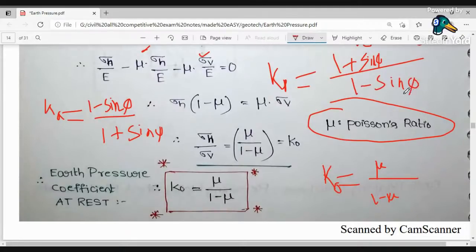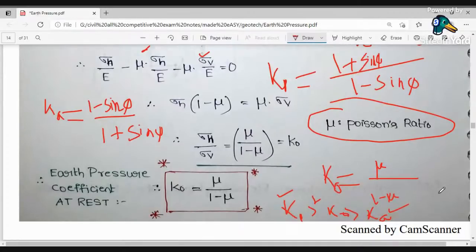So here if you arrange the values, then you can say that the greatest value is Kp, then K naught is coming, and after that Ka. The largest is Kp, then the intermediate value is K naught, and the small value is active, that is Ka.